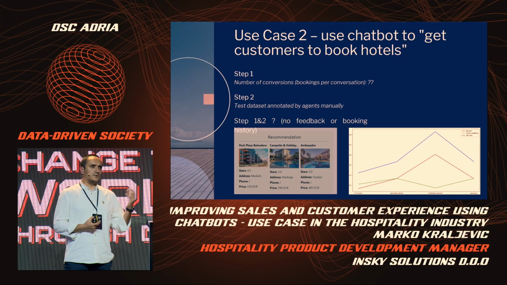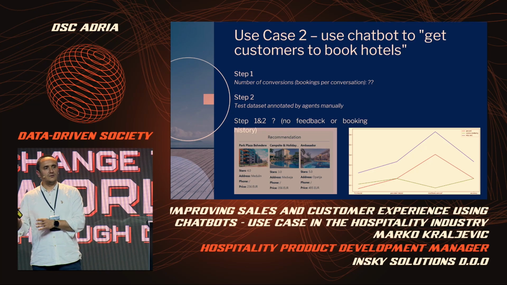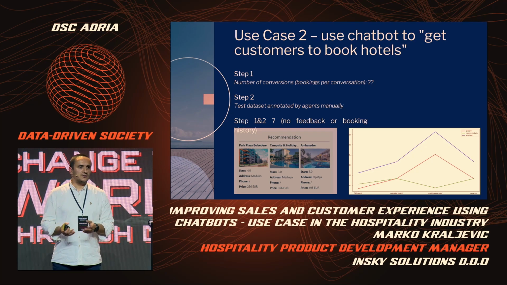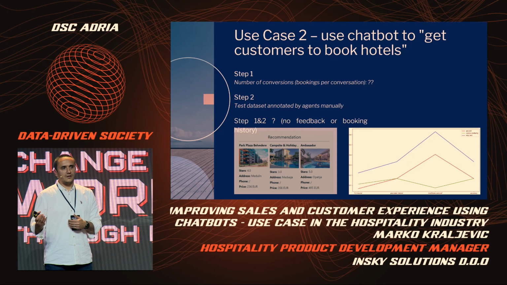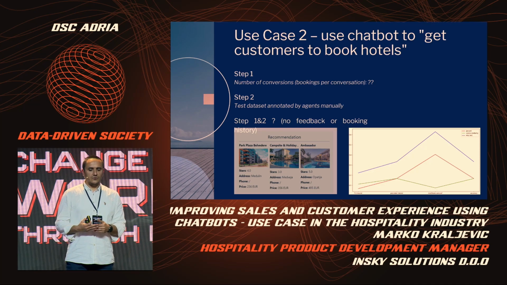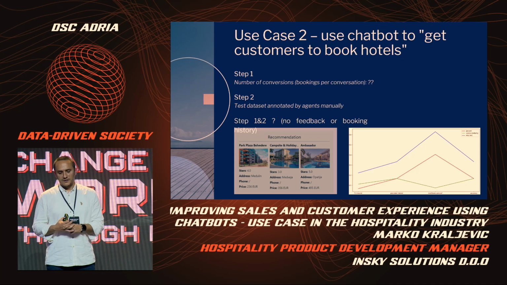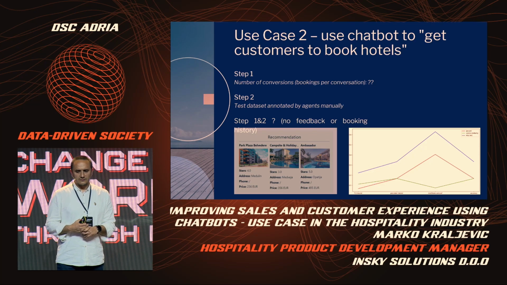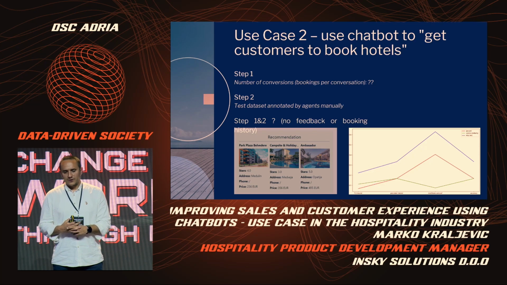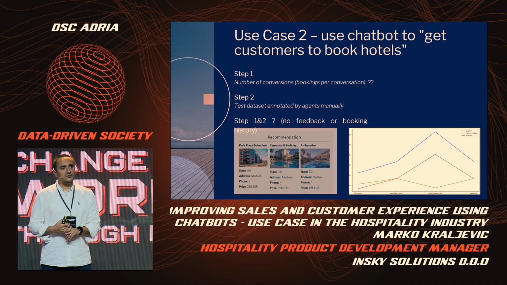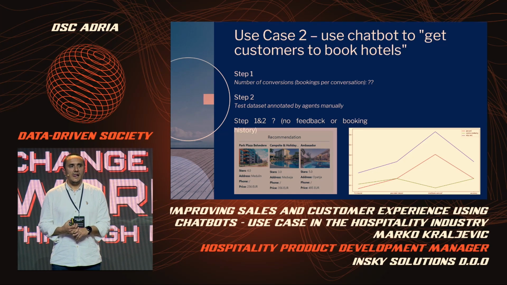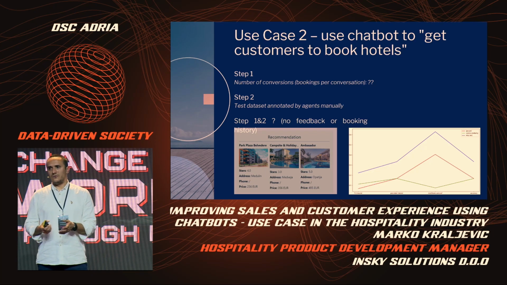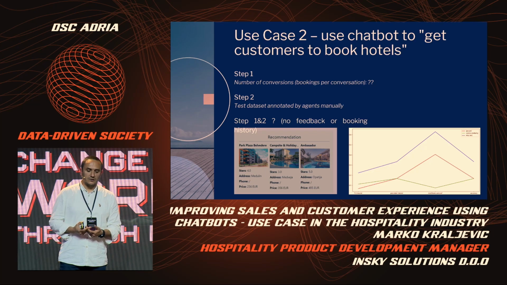For example, if last year we had 1,000 requests with a 50% conversion rate, we want to increase that conversion rate through the chatbots. We were very successful with one customer, increasing the conversion rate by 25 or 30%, and that is our goal, and also the customer's goal.